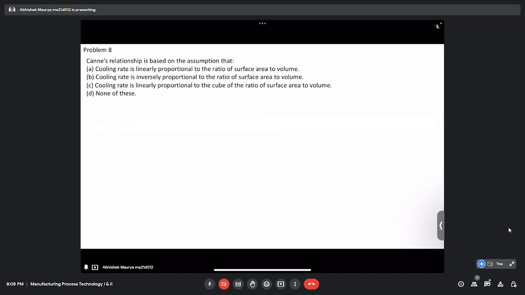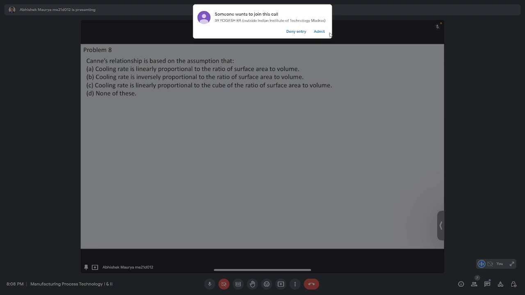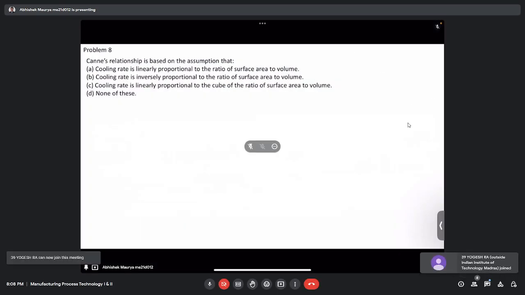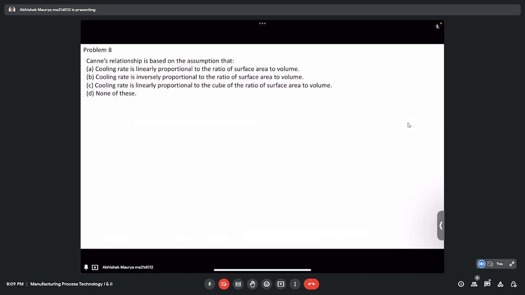Okay, what I will do is quickly explain what the Keynes relationship is, which assumptions are involved in it, and where it is useful. Till now, whatever we have seen, the solidification time was proportional to the square of the volume by surface area ratio.